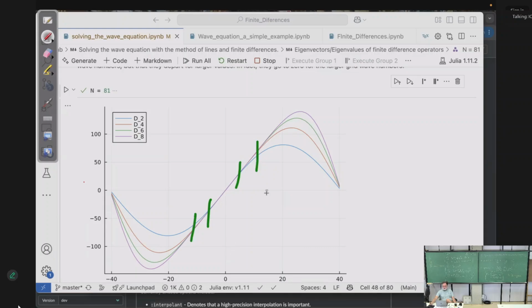If you use a bigger operator, for the 8th, for instance, you can take waves up to here. So going higher in the derivative order allows you, in precision, to go to higher frequencies and represent them. Okay, let's stop now, let's continue at 10:15.